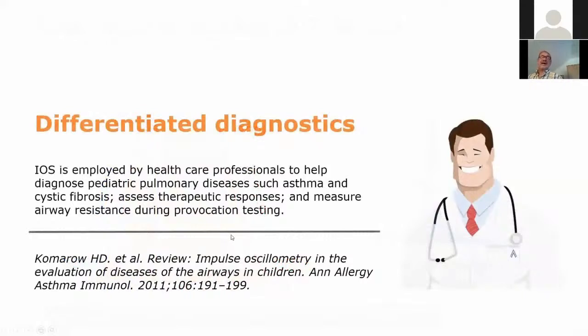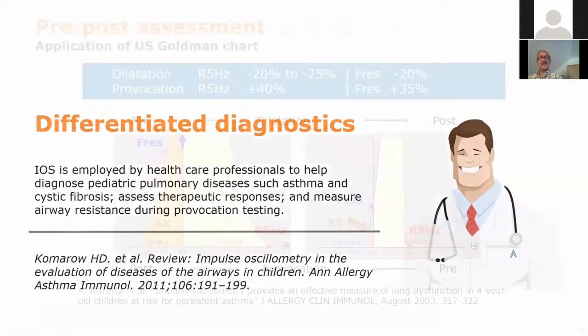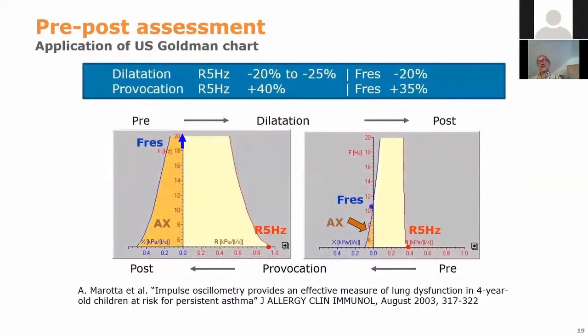So now a little bit on differentiated diagnostics, which is the next step in understanding and using oscillometry. And here you see this example. This is the situation of the patient before bronchodilation. It was dilated here. You have threshold values for parameters to express the significance of the dilation.